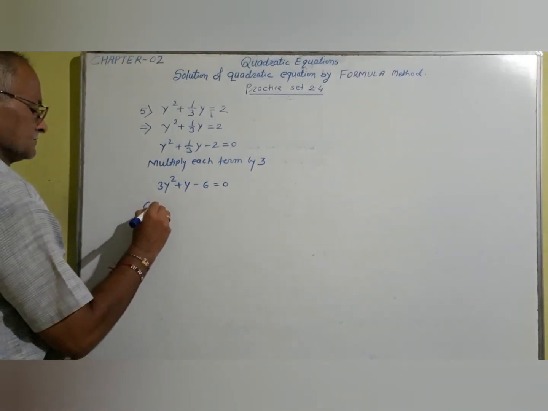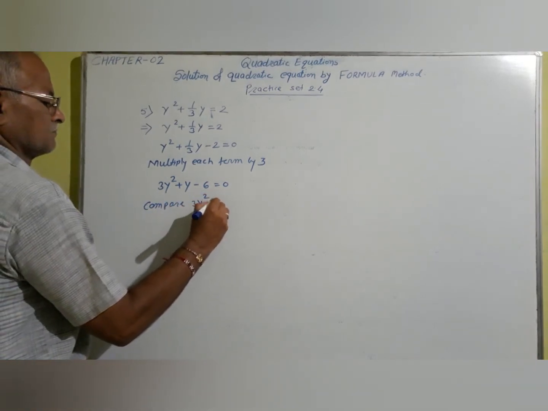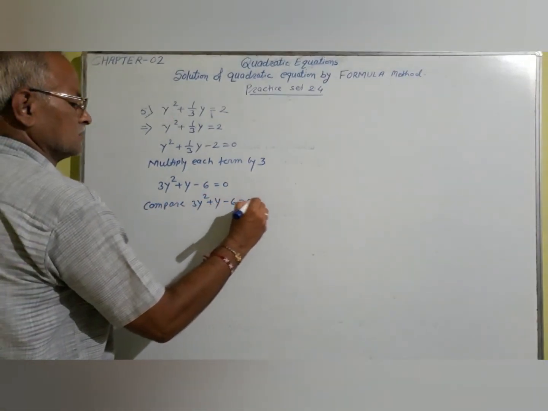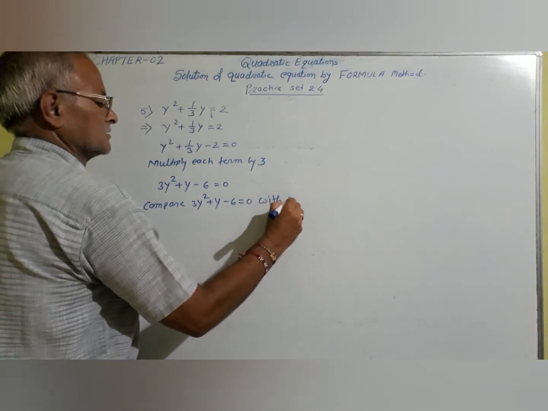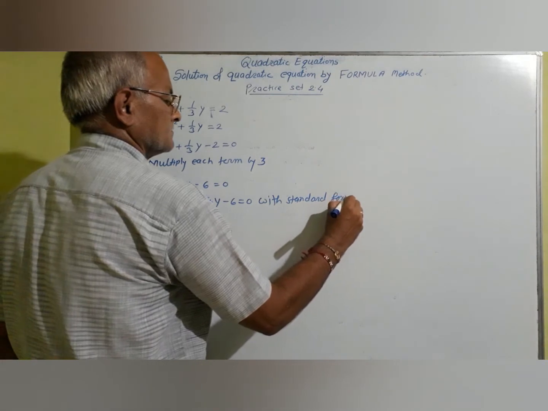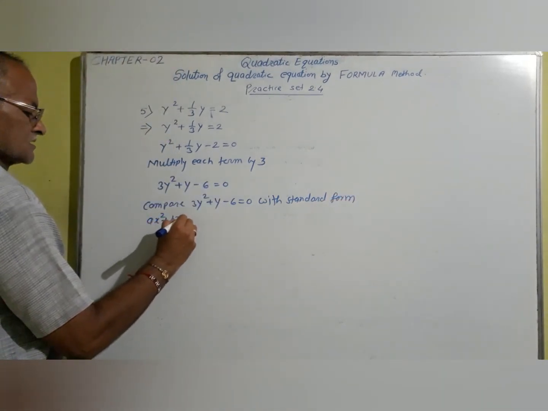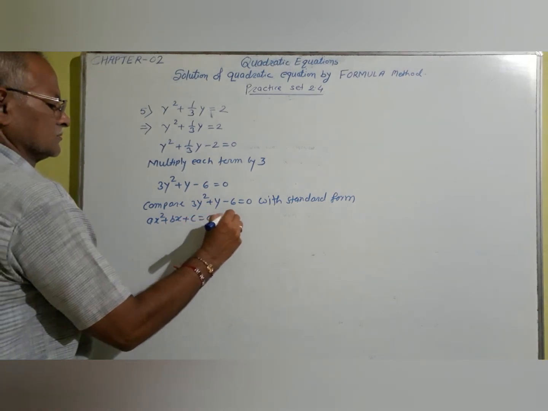3y square plus y minus 6 is equal to 0. Now compare 3y square plus y minus 6 is equal to 0 with the standard form ax square plus bx plus c is equal to 0.